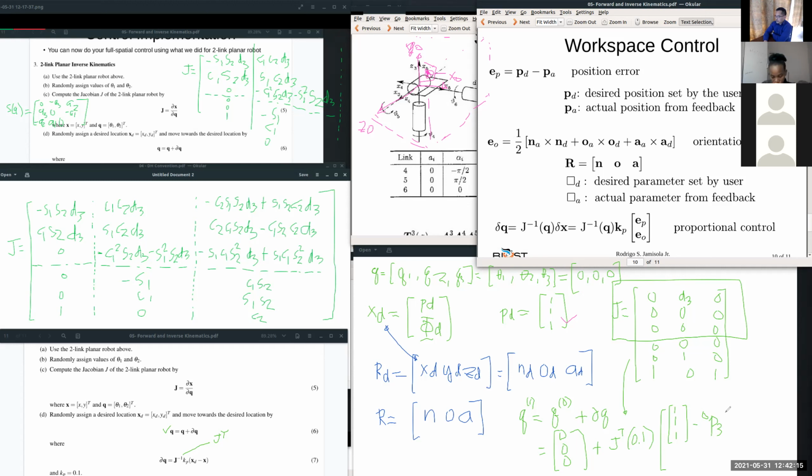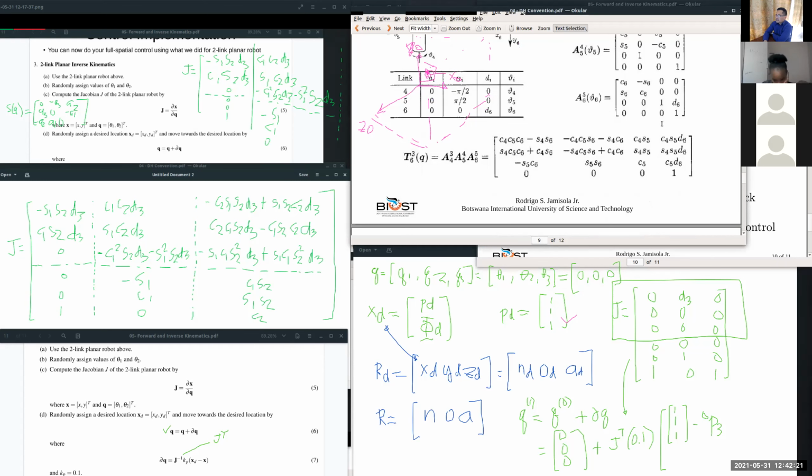So what is 0P3? It's here. This part, that is 0P3. So we annotate 0P3. What is that?